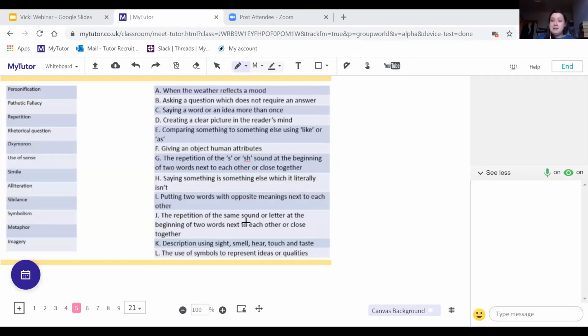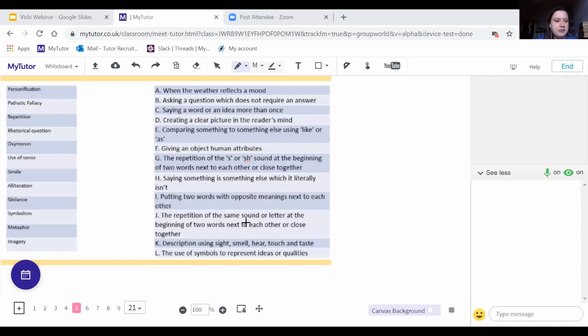Sibilance is a special type of alliteration, the repetition of the s or sh sound. So all sibilance is alliteration, but not all alliteration is sibilance, if you get what I mean. So we've got alliteration as the umbrella, and then sibilance as a separate bracket underneath.